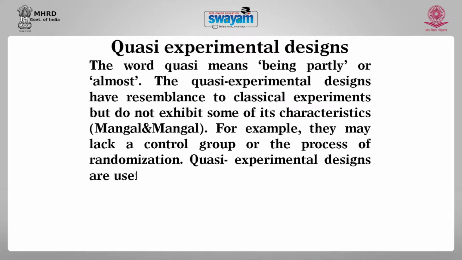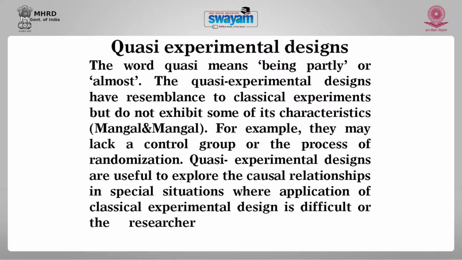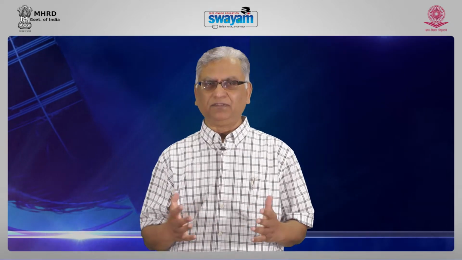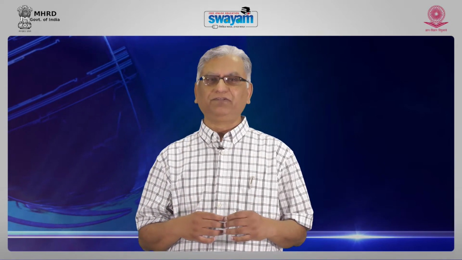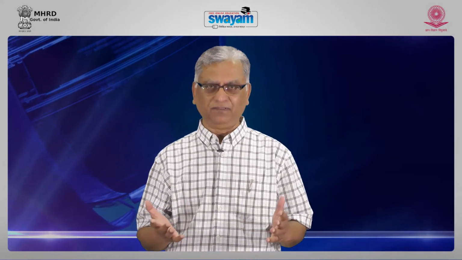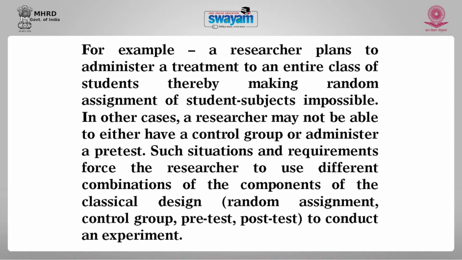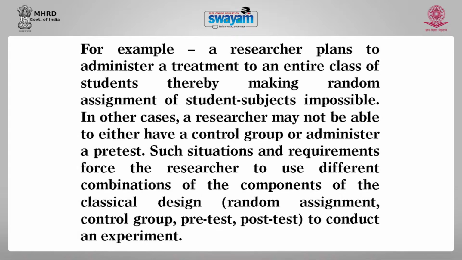Quasi-experimental designs are useful to explore the causal relationships in special situations where application of classical experiment designs is difficult or the researcher does not have full experimental control. For example, a researcher plans to administer a treatment to an entire class of students, thereby making random assignment of student subjects impossible. In other cases, a researcher may not be able to either have a control group or administer a pretest.